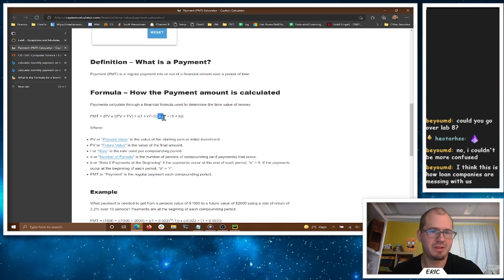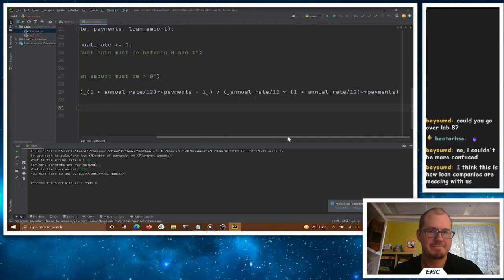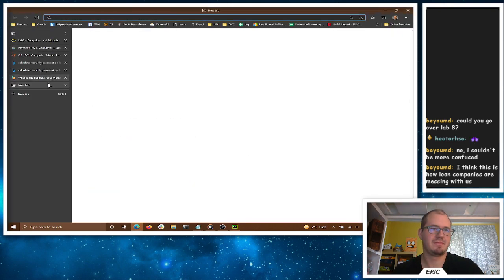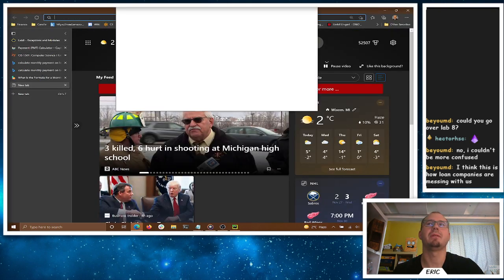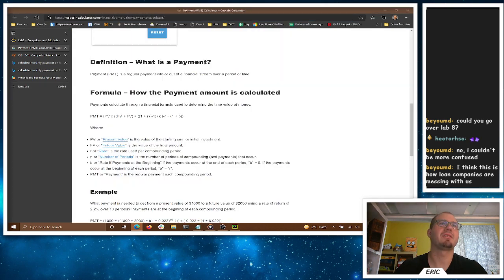This one has multiplying by the negative rate. I'm super confused. Let me try one more thing here. I'm going to look it up on my other screen. We'll see if that works.